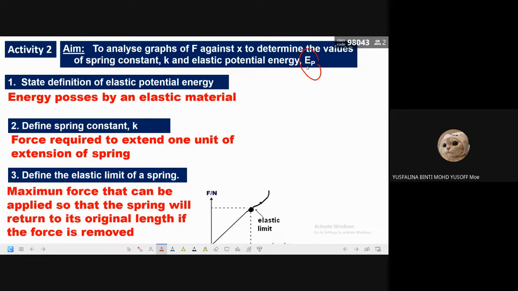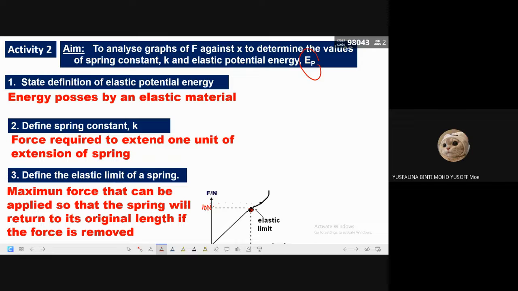So the maximum force, let's say like this one, this is the elastic limit. If I keep increasing the force and then remove it, you can see it cannot return to its original position. So you already know you have exceeded the elastic limit. Let's say the force here is 10 Newton, so 10 Newton is the elastic limit. If you increase to 11 Newton, it cannot come back to its original position.